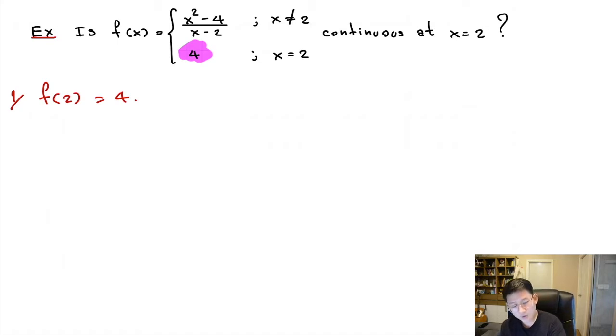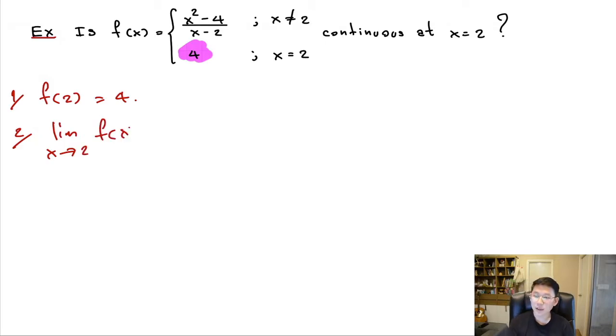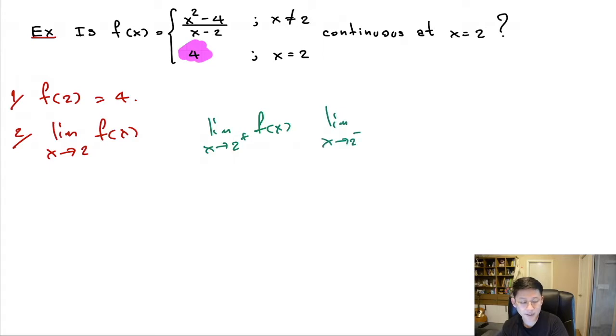Next, we need to find the limit as x approaches 2 of f(x). You can look at the limit from the right-hand side and from the left-hand side, but they are going to be the same.